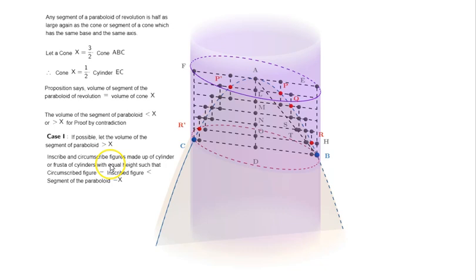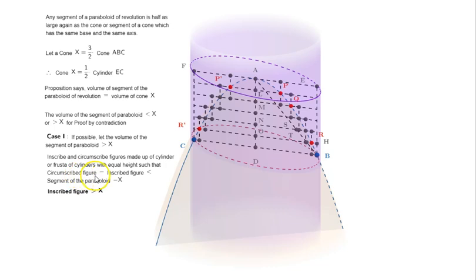Inscribe and circumscribe figures made up of cylinders or frusta of cylinders with equal height such that the circumscribed figure minus the inscribed figure is less than the segment of the paraboloid minus the cone X. That means the inscribed figure is greater than X. How?